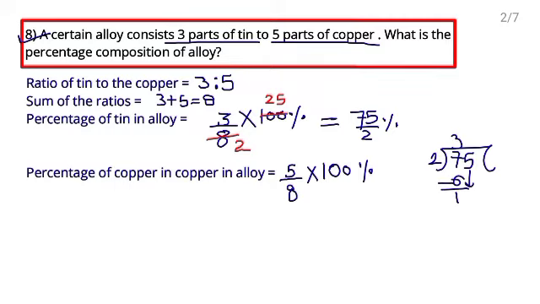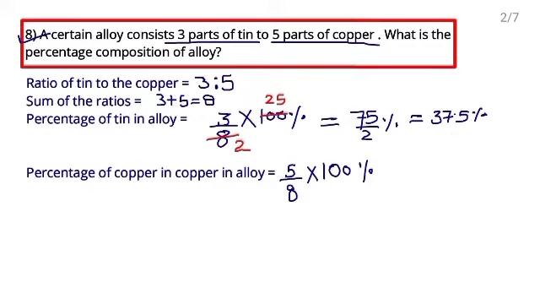Subtract, 1. 5 copy down. 2 7s are 14. Subtract, 1, put decimal here, take 10, 2 5s are 10. So here you are getting 37.5%. This is the percent of tin in the alloy.